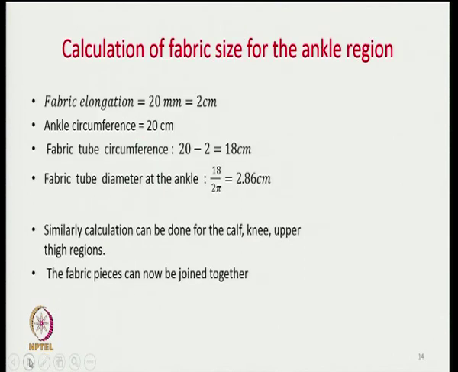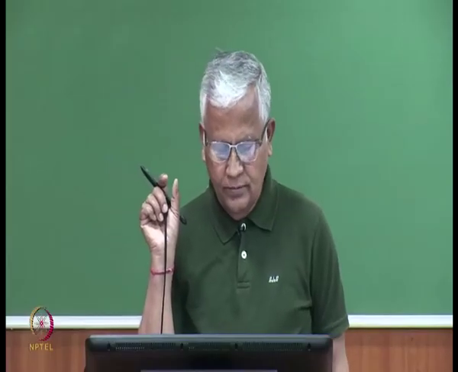Now, fabric elongation we know 20 mm, that is 2 centimeter, ankle circumference is 20 centimeter. So, fabric tube circumference has to be 20 minus 2, that is 18 centimeter. So, it has to be 2 centimeter less. Okay.